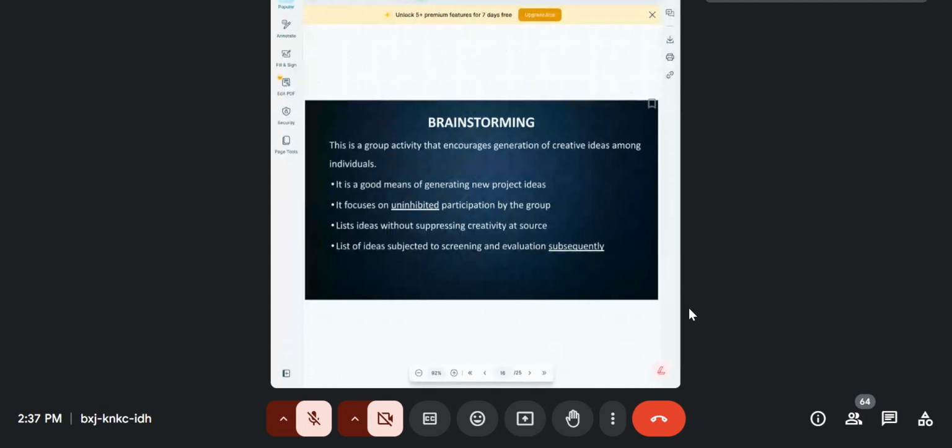So then, of course, the subsequent part would be the screening and evaluation. So nothing is done here as far as evaluating the idea is concerned.